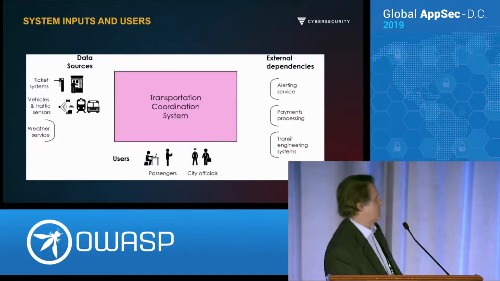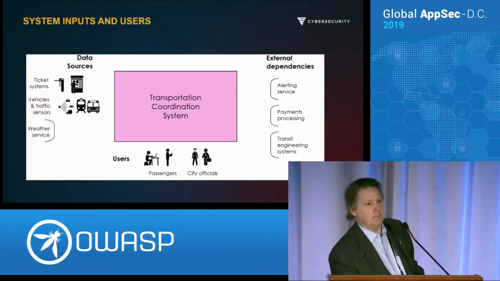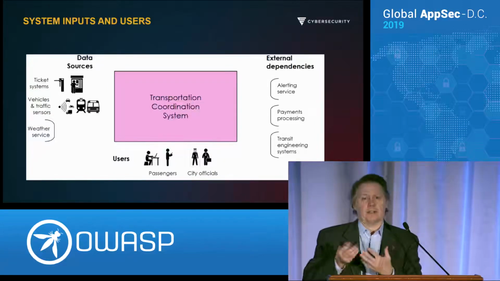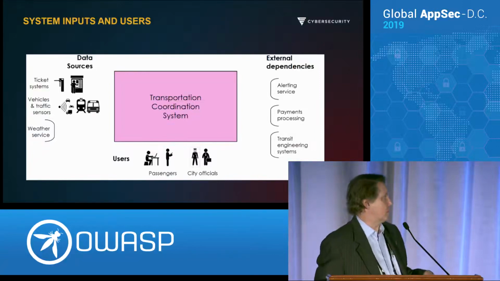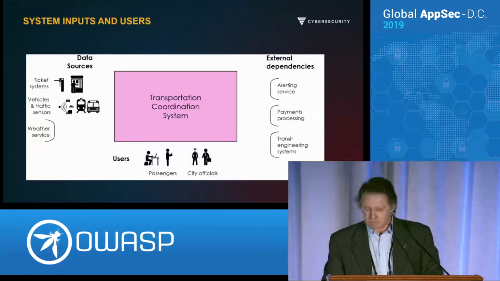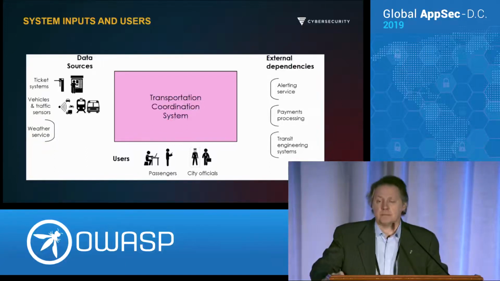This is just a restatement of some of the inputs and outputs. I like to draw this sort of diagram for systems that I work on so I can enumerate what pieces of data are expected to feed this system, what types of users it's expected to serve, and what external systems depend upon it. Understanding those dependencies has bitten me and colleagues of mine in the butt any number of times.